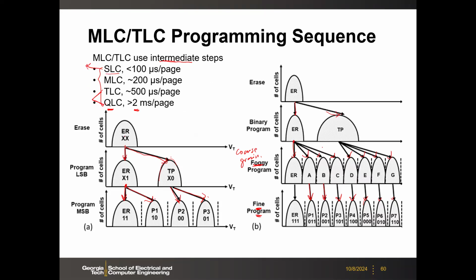If you are targeting very high performance SSD, for example, Samsung has this product called Z-NAND, which is based on SLC and provides very fast programming speed, close to like 1 to 3 microseconds. Very fast, but based on SLC.